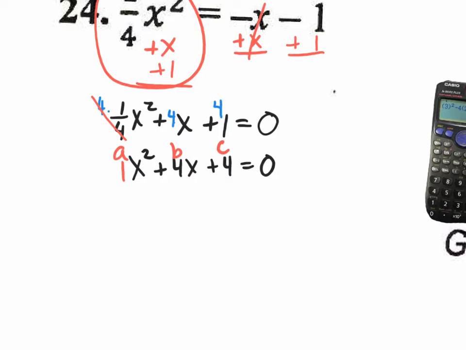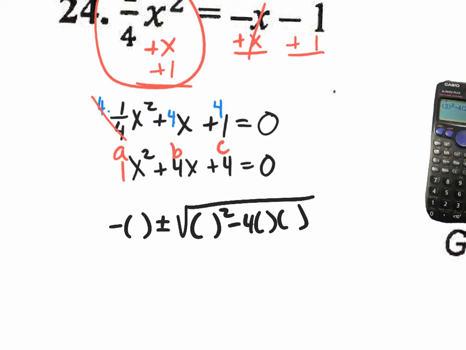Like I said, you could have done the discriminant with the original values, b squared, which would have been 1 squared with the original value, minus 4 times a, which is 1/4, times c, which is 1. You could have done that as well. Anyway, the discriminant is b squared minus 4 times a times c. b squared, that's 4 squared, minus 4 times a is 1, times c is 4.